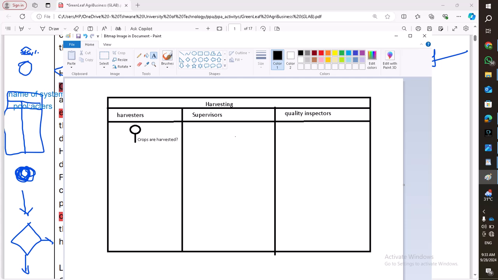Okay, the crops are harvested, and then we have this part. Remember here is an error.